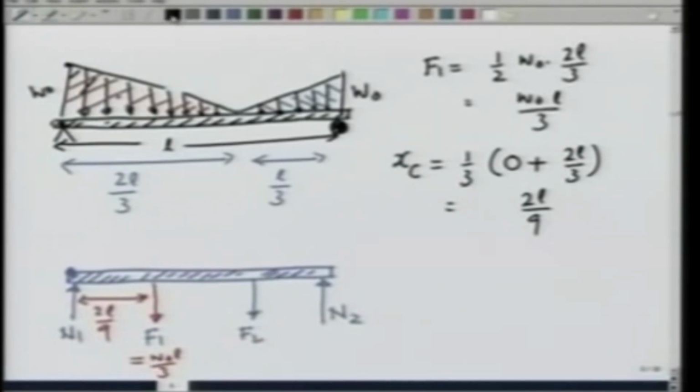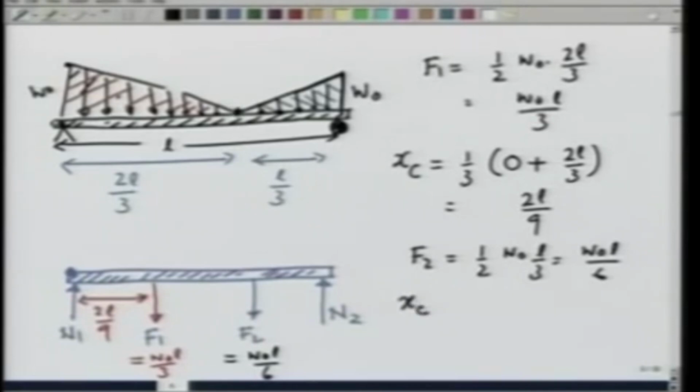Similarly, for the other triangle, the force F2 is going to be the area of that triangle, which is 1/2 W0 L by 3, which is W0 L by 6. So, this force is equal to W0 L by 6, and it acts at the centroid of the right hand triangle. The centroid with respect to the point in the middle is at a distance of 1/3 of L by 3 plus L by 3, which is 1/3 of 2L by 3, 2L by 9.